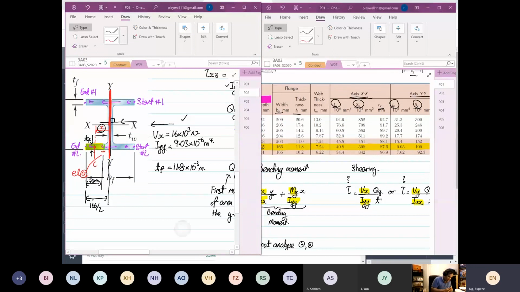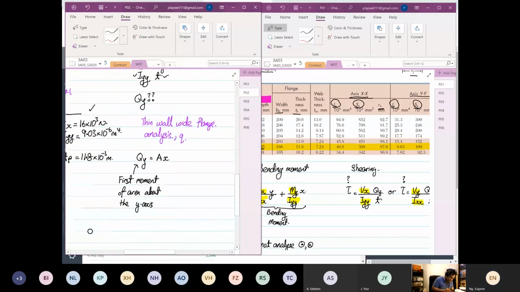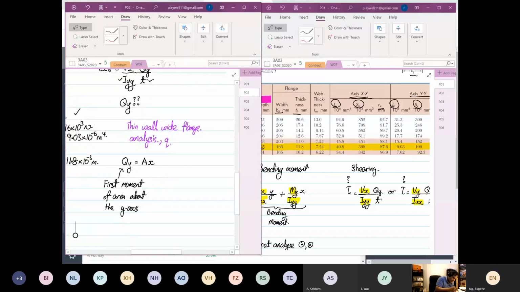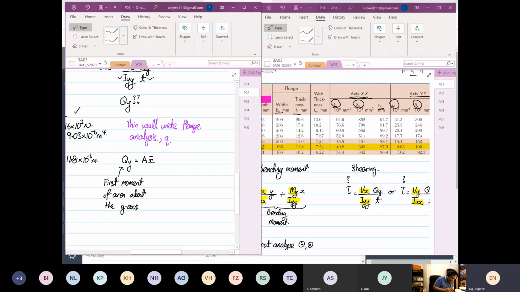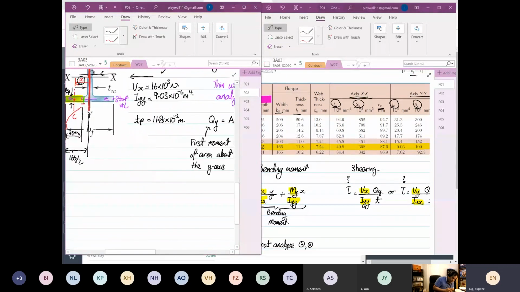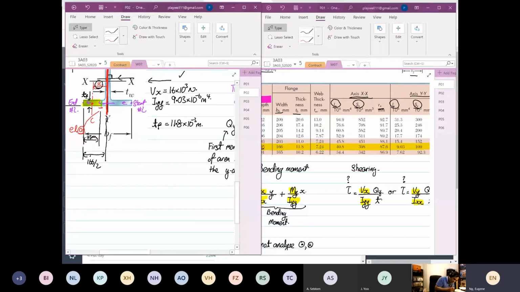So the area, right? Now you are aware that the first moment of area about the Y axis is A x bar, or Ax. So we calculate QY.